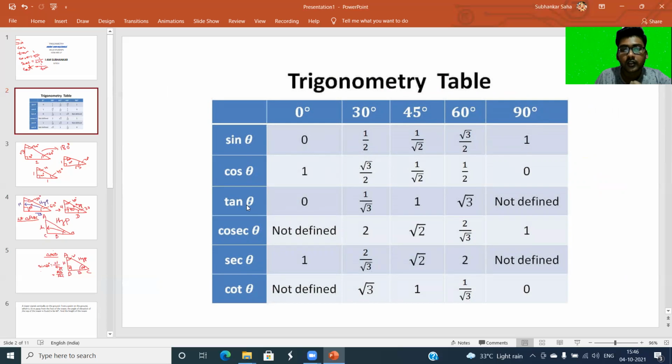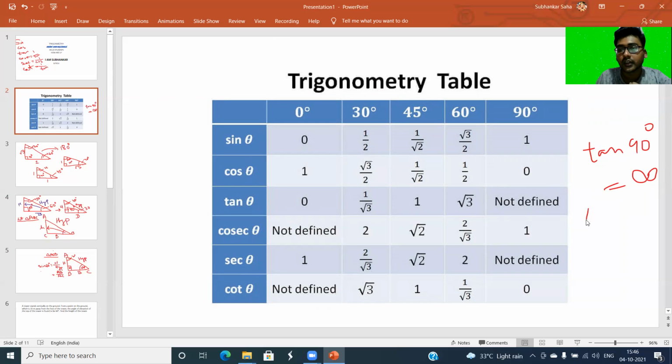Tan 90 degrees is undefined. Why is it undefined?